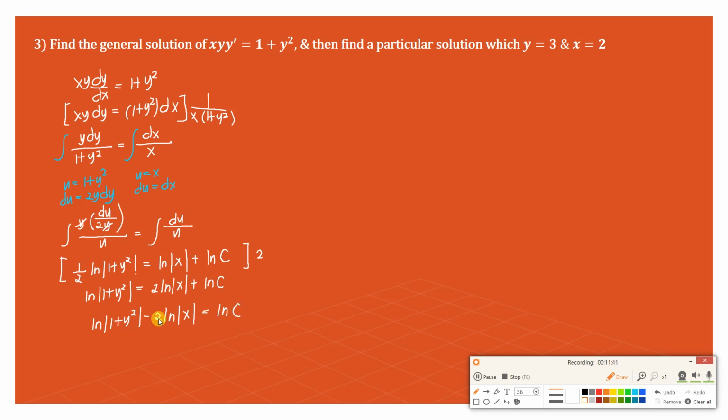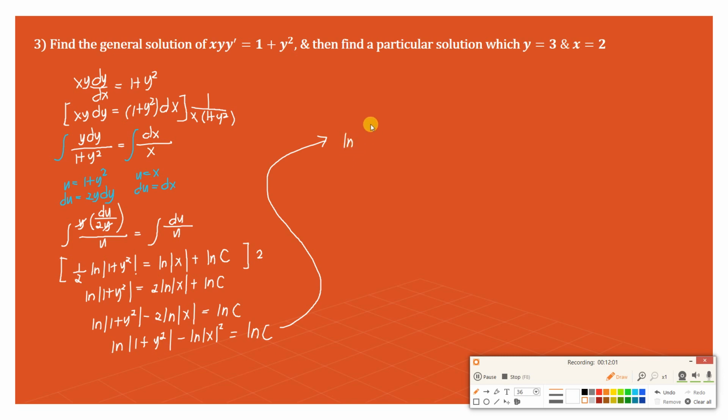So, yung 2, pwede ko nang gawing exponent. So, we have ln of 1 plus y squared minus ln of x na naka-squared is equals to ln of c. So, applying law of logarithm, subtraction again is division.